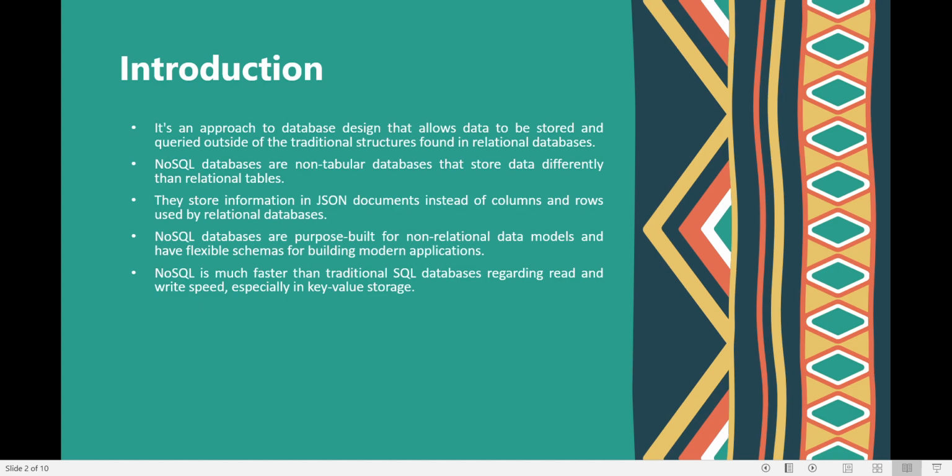NoSQL databases are purpose-built for non-relational data models and have flexible schemas for building modern applications. NoSQL is much faster than traditional SQL databases regarding read and write operations, especially in key value storage. So this is all about the introduction of NoSQL.